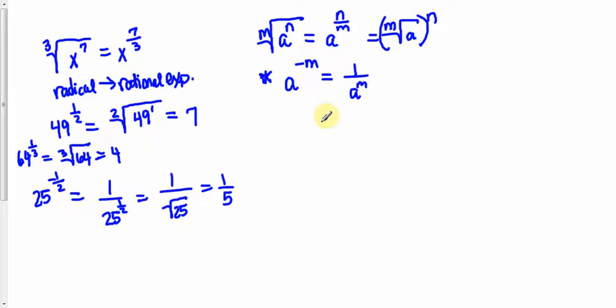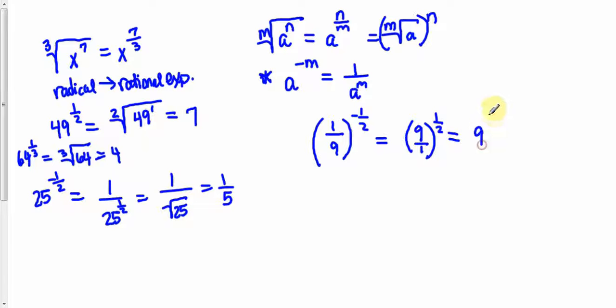This one's a neat trick. If I give you a fraction to a negative power, and I've asked you to write it in radical notation and simplify, the first thing you should do is flip the fraction. If you flip the fraction to be 9 over 1, the exponent will become positive.